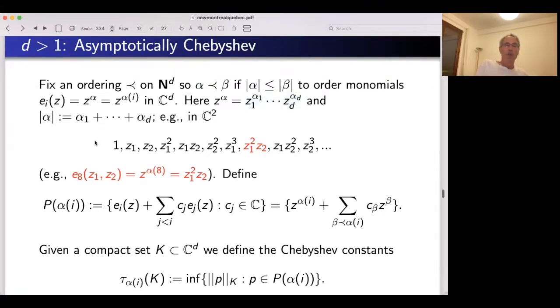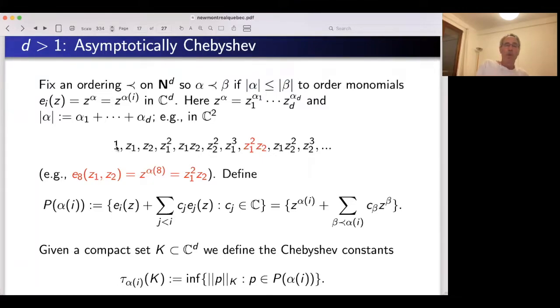Okay, so we're going to order these multi-indices so that they go by increasing length, and this will give you an ordering on the monomials themselves. So if you look in terms of monomials, you're ordering by increasing degree, and within a given degree, use something like a lexicographical order. So here I've chosen Z1 to come before Z2.